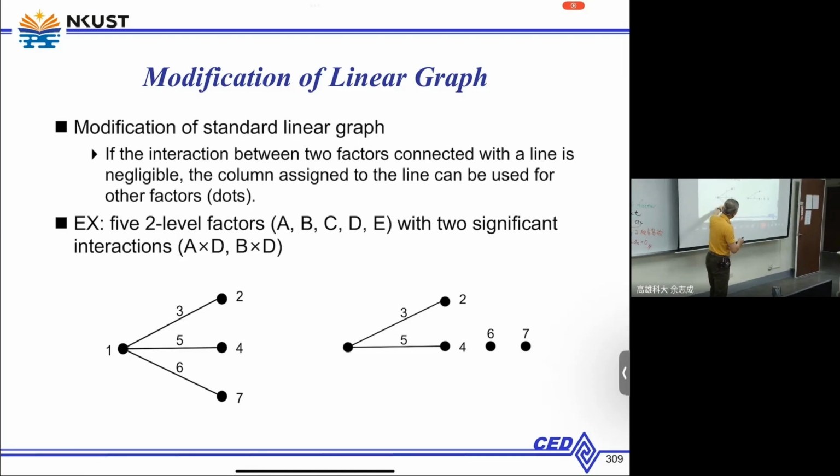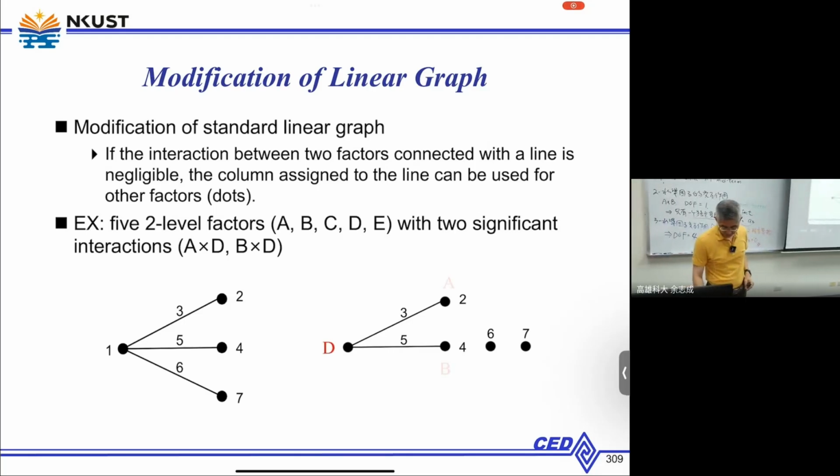So it becomes a new dot 7, and you create another dot 6. And now you can safely assign all 5 two-level factors and 2 interactions.